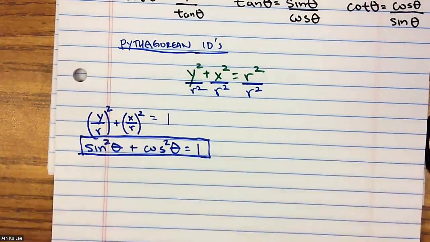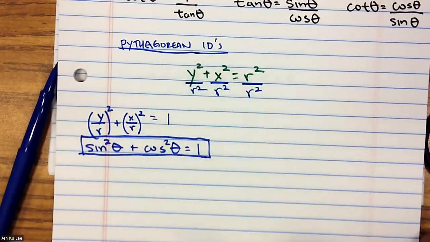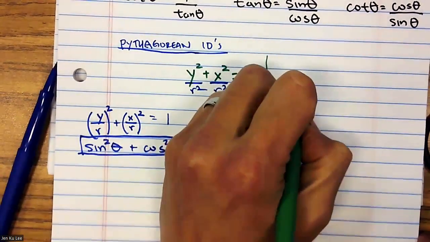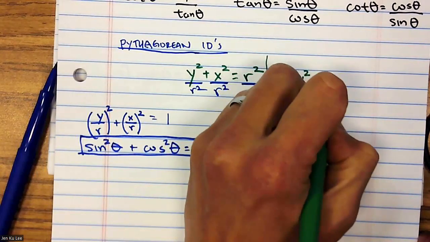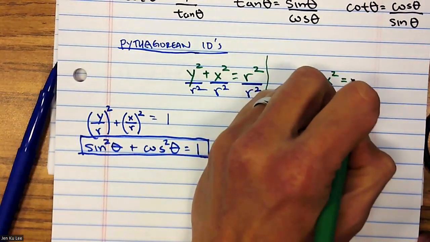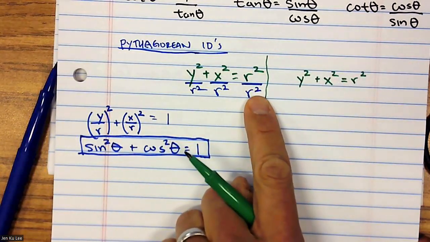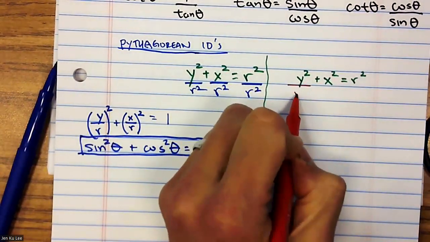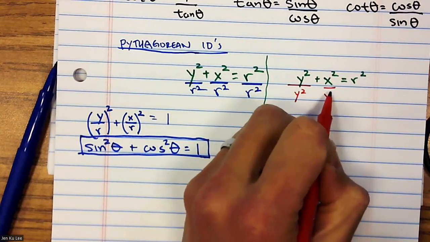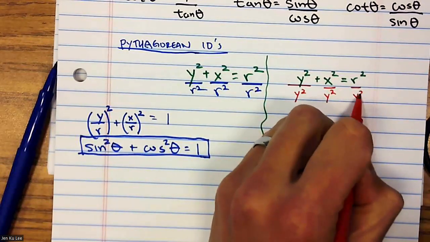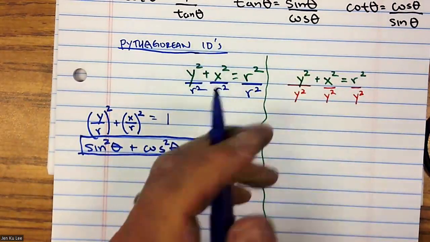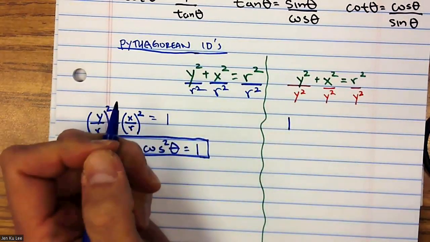Okay. So I'm going to start off with my green again. Let's put it here. y squared plus x squared equals r squared. Now, since I divided by r squared the first time, I'm going to divide this one by y squared, essentially making y squared divided by y squared equal to 1.